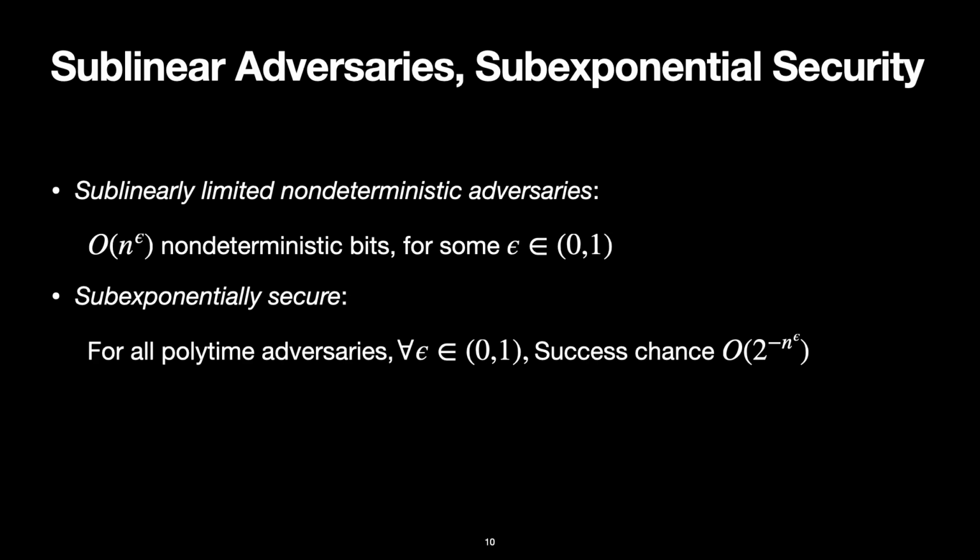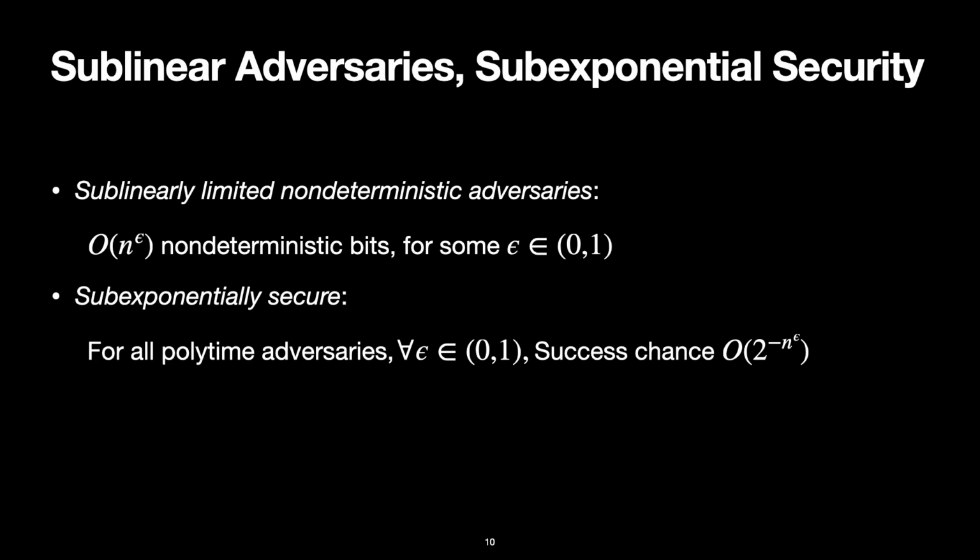Thinking back to the one-way function, this is an adversary that cannot guess the entire x star string. It will not have enough nondeterministic bits to do it, but it will have quite a few. By sub-exponentially secure, I mean something that satisfies the property that for all polytime adversaries, there exists some epsilon so that the adversary's success chance is 2 to the minus n to the epsilon.